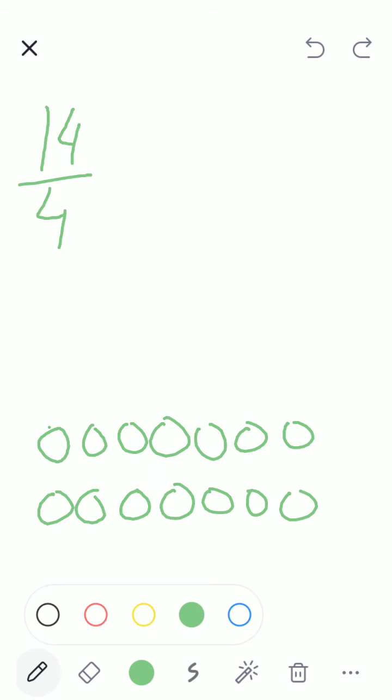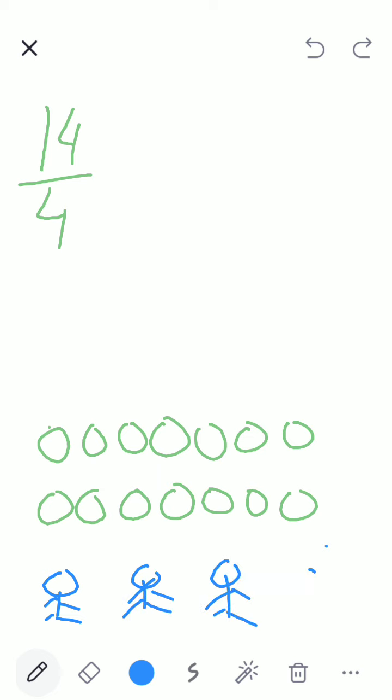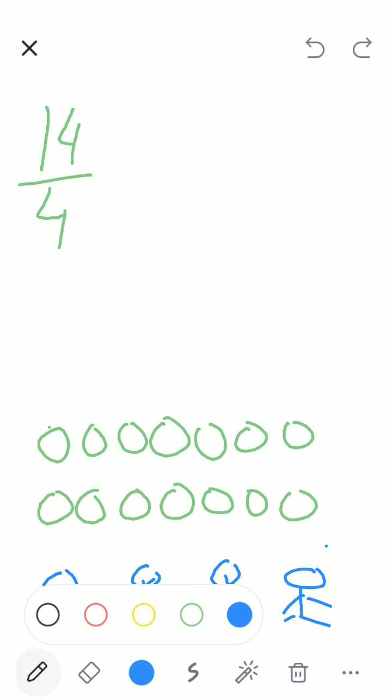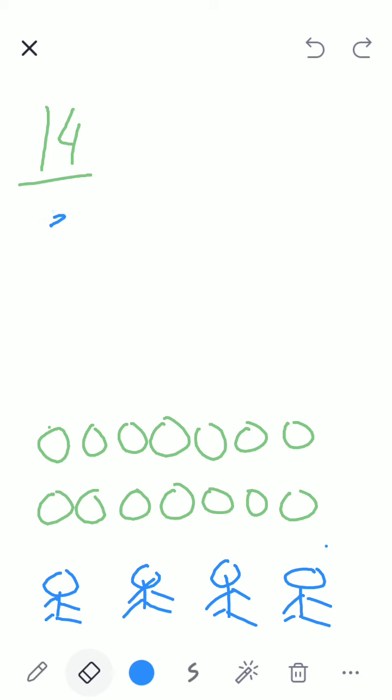And I am giving it to 4 children. Whenever you all are in doubt, always picturize. 4 is people. So I'll keep the same color, okay? And 14 is items. Clear?